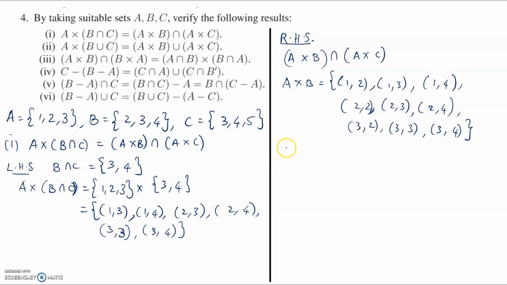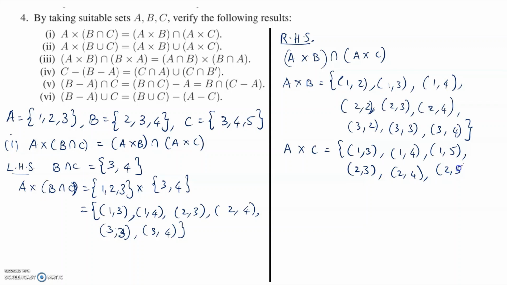Similarly, A Cartesian with C would be equal to (1, 3), (1, 4), (1, 5), (2, 3), (2, 4), (2, 5), and (3, 3), (3, 4), (3, 5).